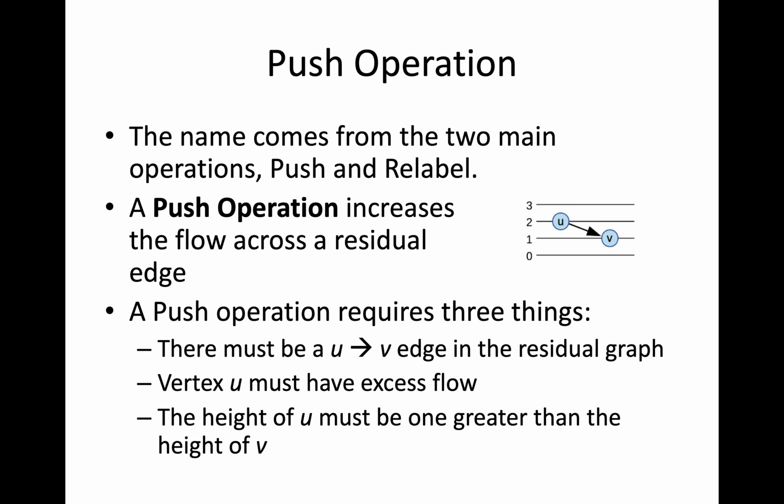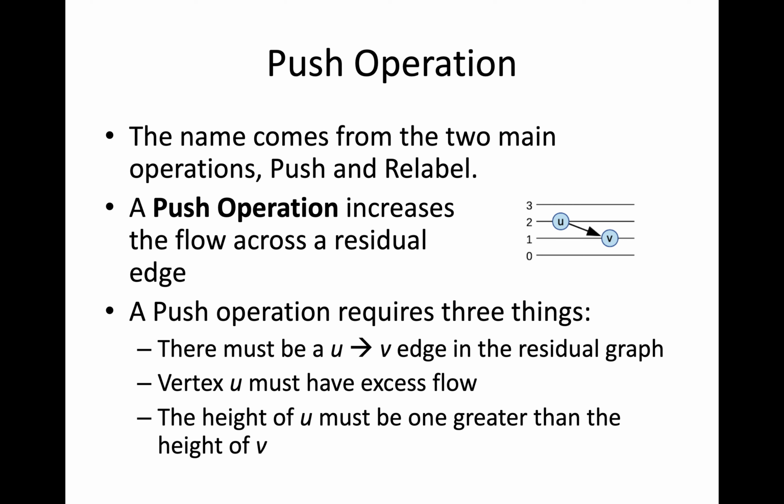But if there's a non-zero capacity edge in the residual graph from U to V, then maybe you can do a push. That's one of the requirements. Vertex U, the vertex you're going to push from, has to have some excess flow, so it has to have some additional commodity flowing into it that we could push to V.